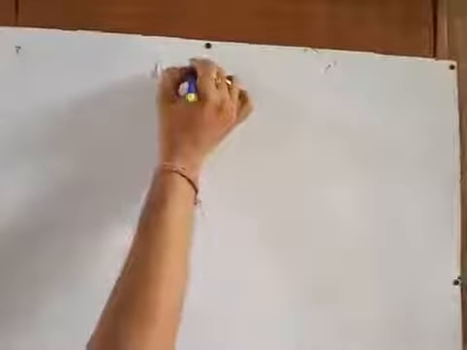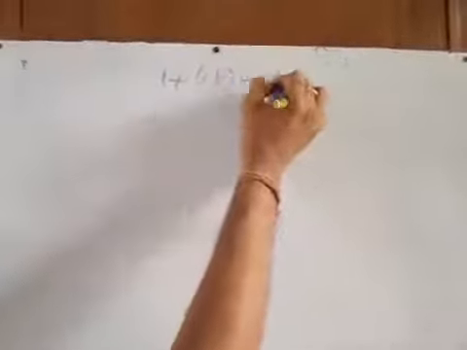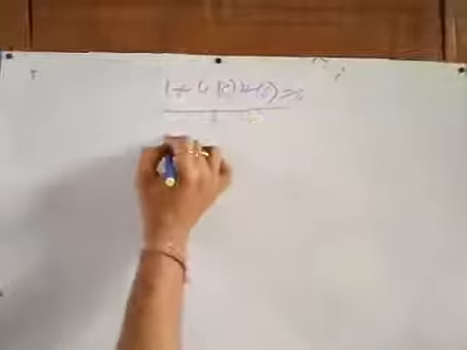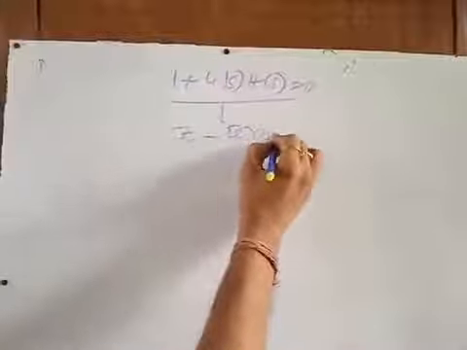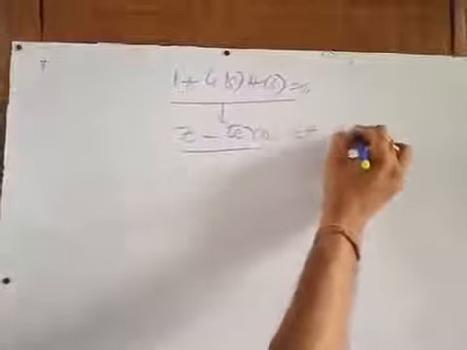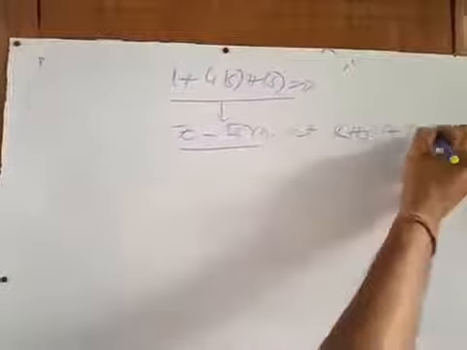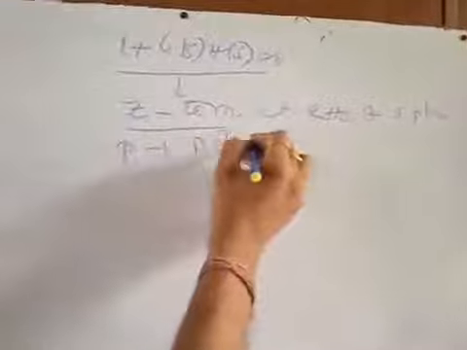We are having three quantities. 1 plus G(s)H(s) equal to 0 is your characteristic equation. From this you can get the number of zeros at the right hand side of the s plane, and P is the number of poles at the right hand side of the s plane.